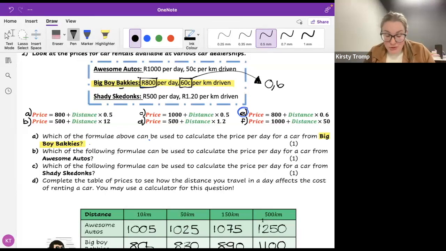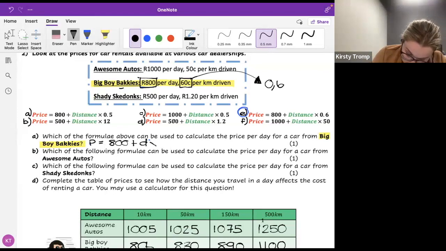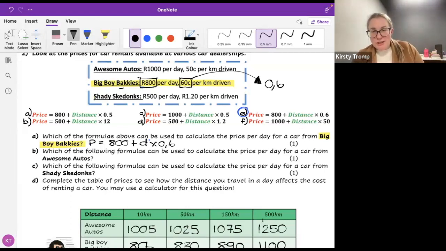Will that one work? Yes, ma'am. So for A, it's going to be price is equal to 800 plus the distance times 0.6. Does it make sense? Yes, ma'am. Okay, awesome. Thank you so much for your question.